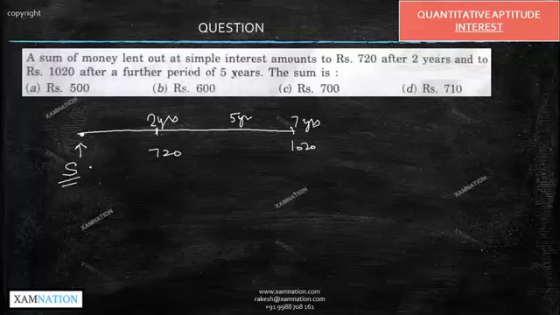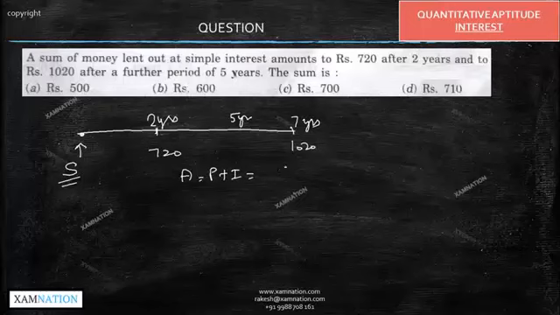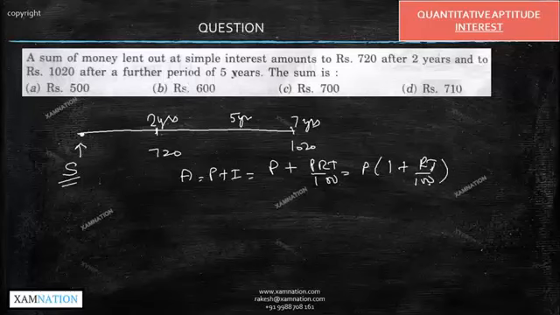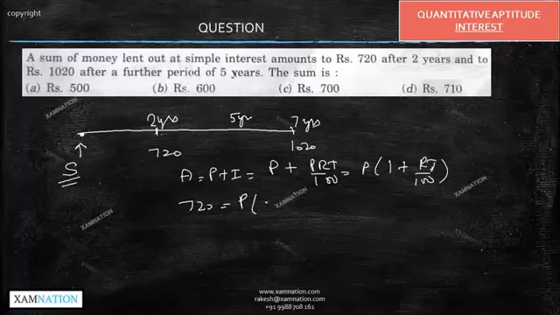We know the formula for calculating the amount, which is principal plus interest in the case of simple interest, principal plus PRT upon 100, so it becomes P times 1 plus RT upon 100. For the first case, the amount is 720, P we don't know, R we don't know, but we know the time, it is 2.